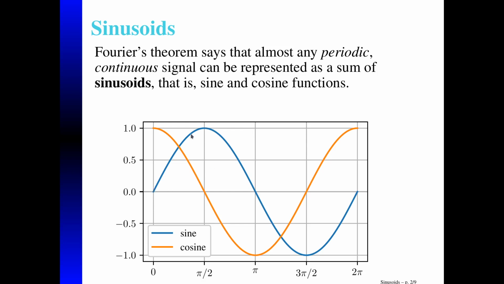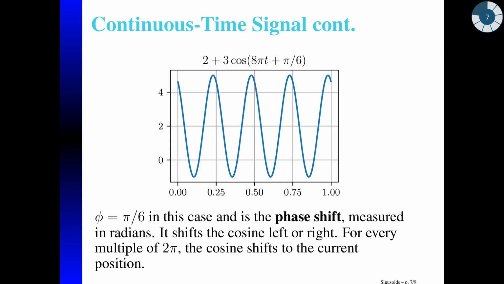But if you add enough to it, you basically get right back to where you're at. For every 2 pi worth of phase shift, you get back to whatever it is you had. So if I add 2 pi to this, it would look just like this.